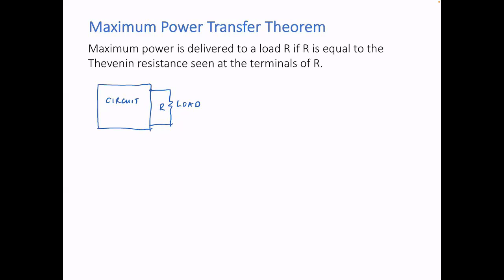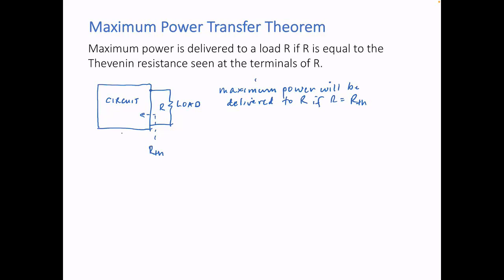Maximum power will be delivered to R if R is equal to RTH. RTH is the Thevenin resistance looking into the terminals of R.